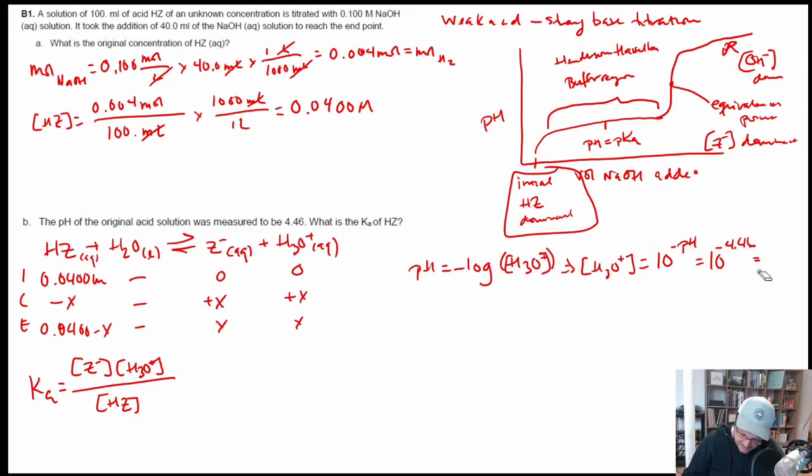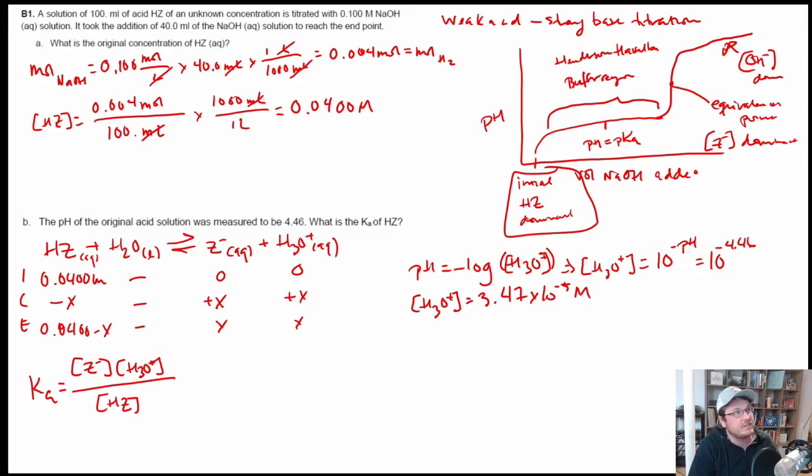What that gives us is the concentration of H3O plus is equal to 3.47 times 10 to the negative fifth molarity.